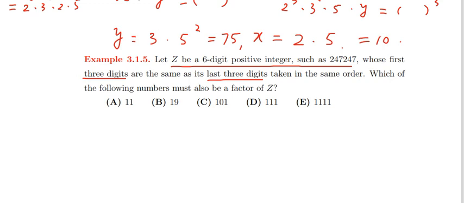In general we can say z can be written as xyz xyz, right? So we can write this number as xyz multiplied by 1000, plus xyz. So we can write this as xyz multiplied by 1001.